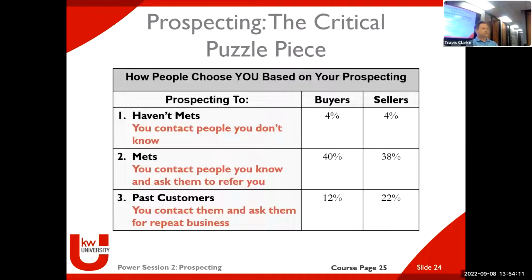People you know, or somebody you know knows, somebody that referred, and also past customers. So if you look at this, your sphere of influence is 40%, and if you add in past clients as well, you're at 52% of the potential pool of clients in those 2 areas.